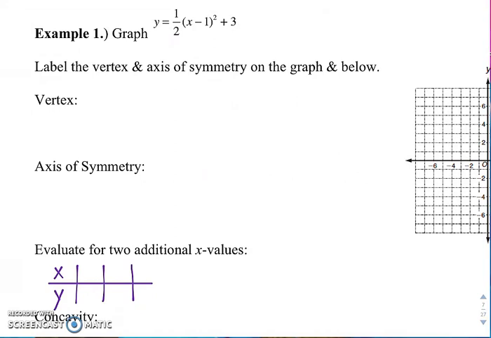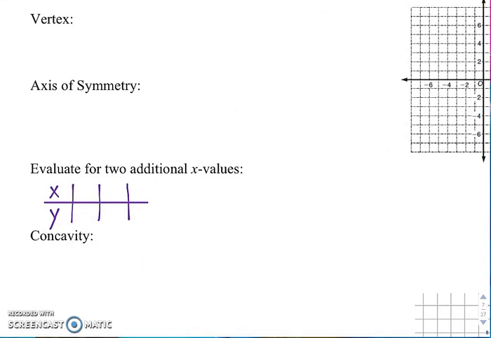Graph y equals 1/2 (x minus 1) squared plus 3. It wants us to label the vertex and the axis of symmetry, and then also evaluate two more points and take note of the concavity. That just means, which way is it concaving? Is it opening up or down?